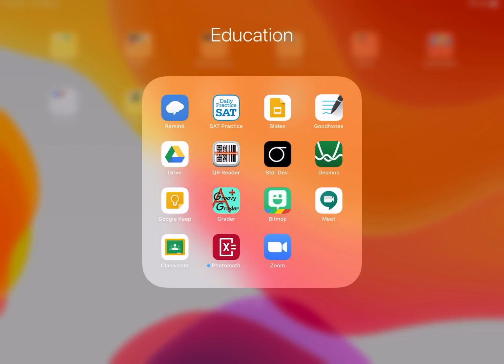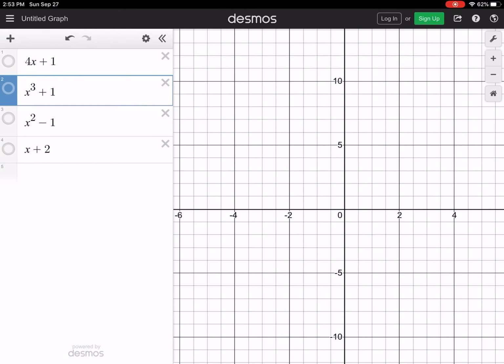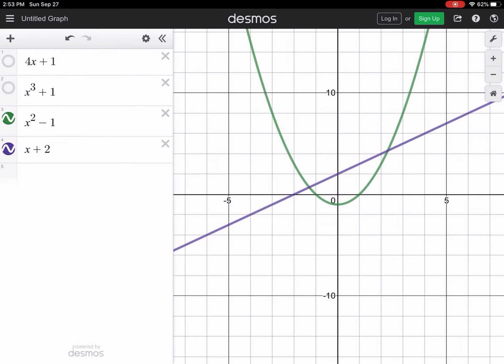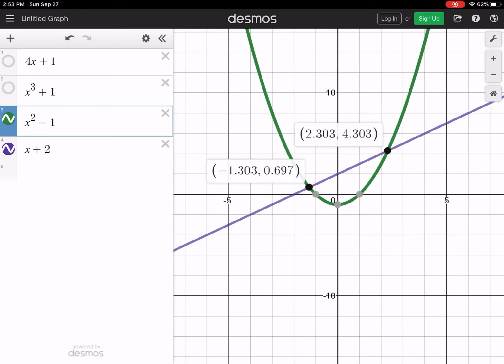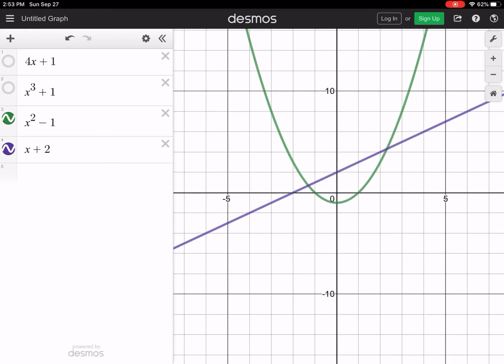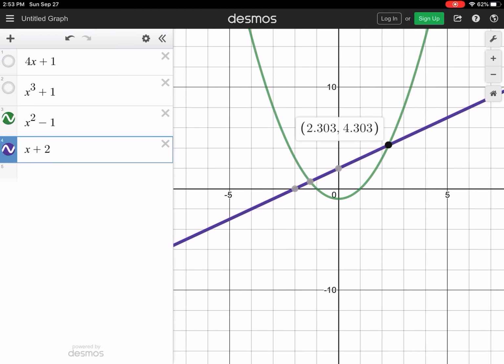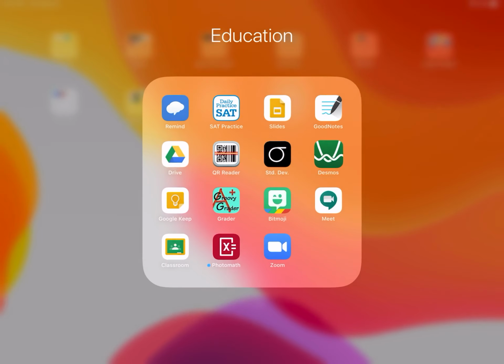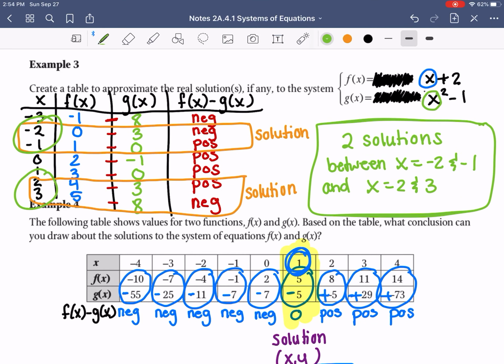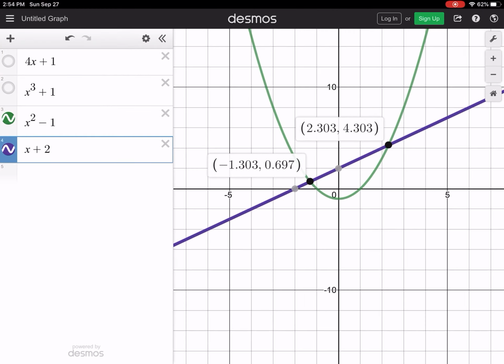So when I graph these on Desmos, here's x plus 2, that's a line. Then we have x squared minus 1. Notice how they hit twice, but the points that they hit at are decimals. 2.3 for your x and -1.3.